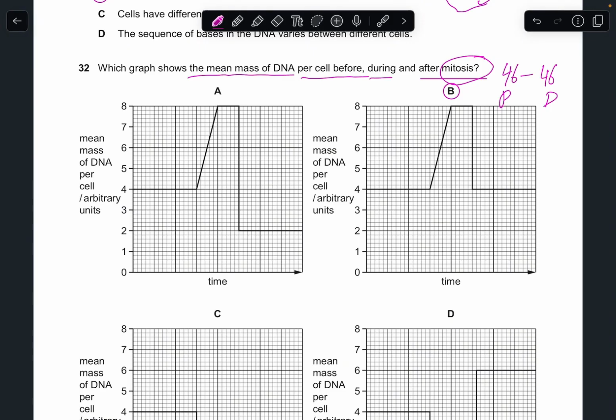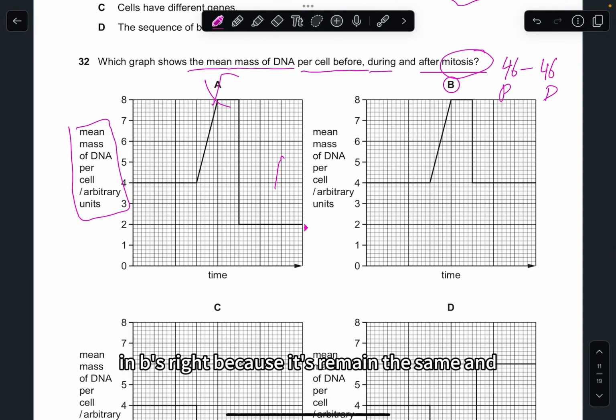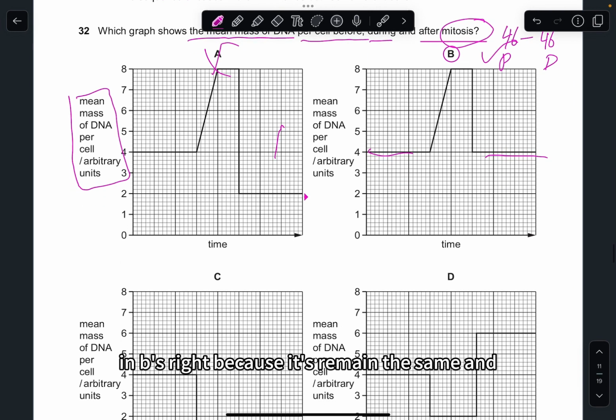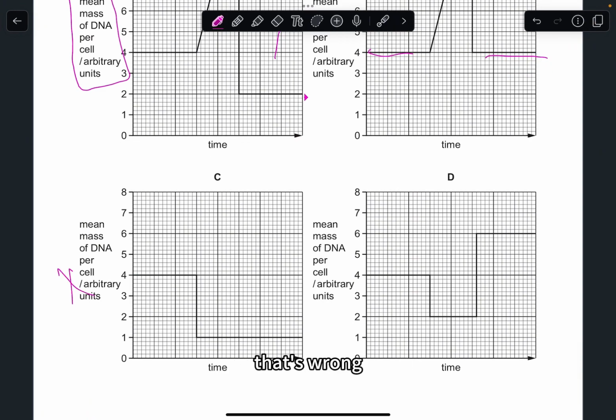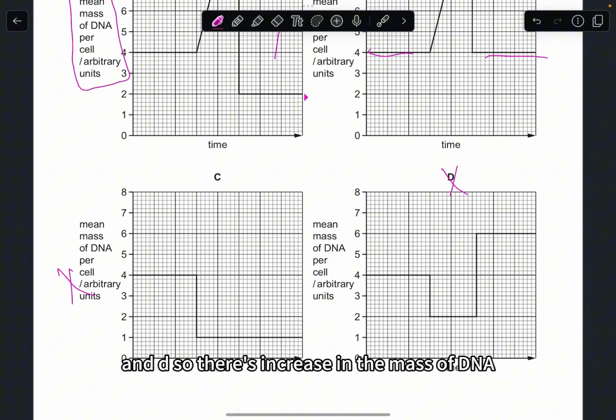So here this shows the mean mass of DNA. In A it's a decrease, so A is not right. B is right, because it remains the same. C also shows a decrease, that's wrong. And D shows an increase in the mass of DNA, that's also wrong.